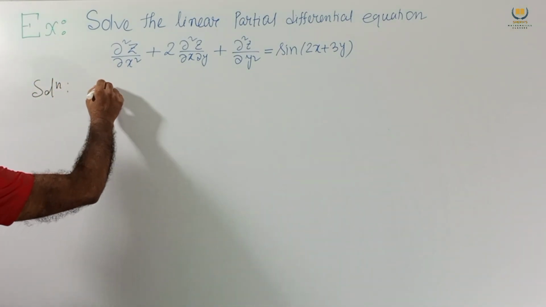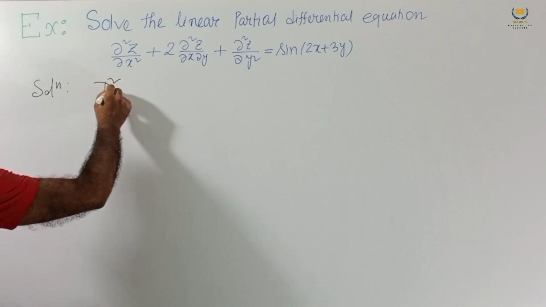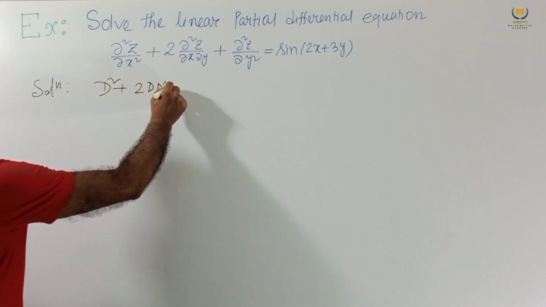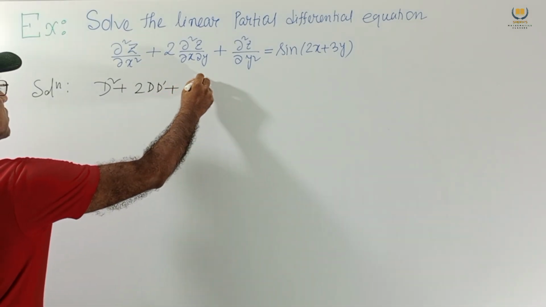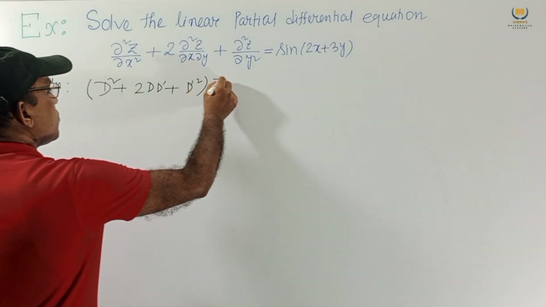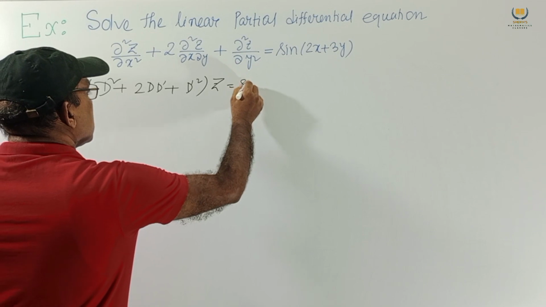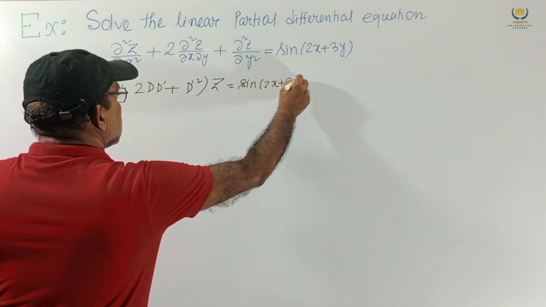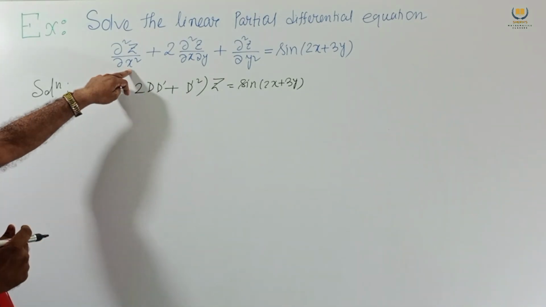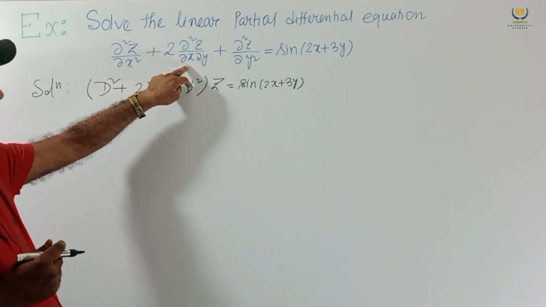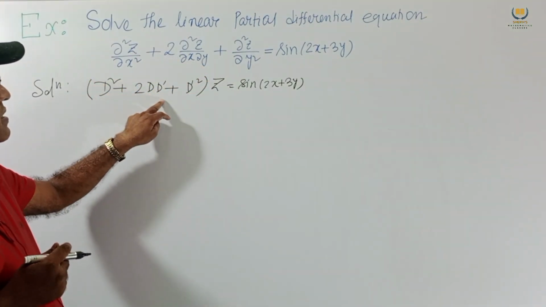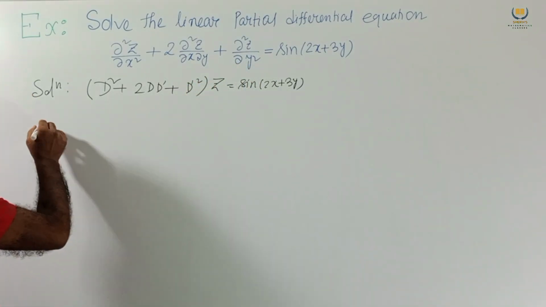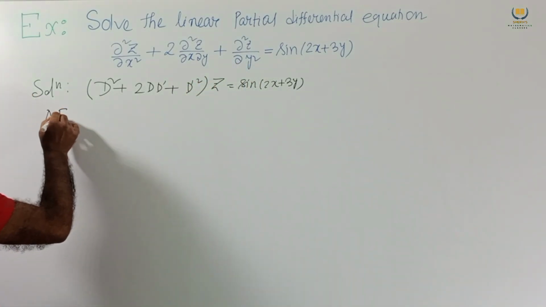This can be written as (D² + 2DD' + D'²)z = sin(2x+3y), where D² is for x², DD' for x, y, and D'² for y². Now we find the auxiliary equation.